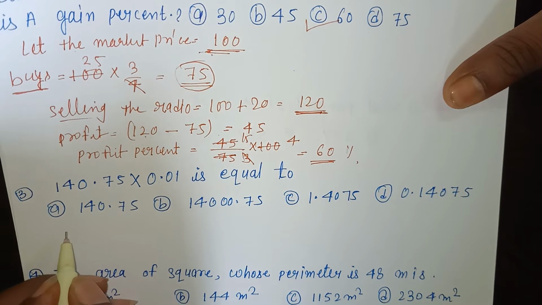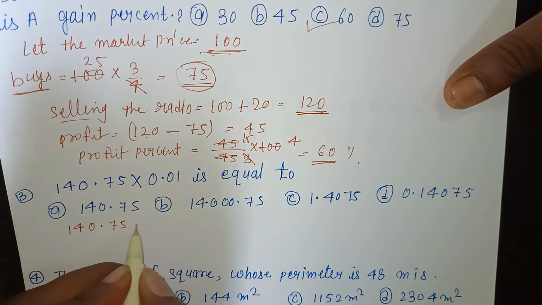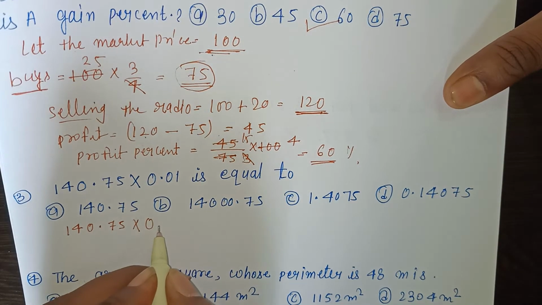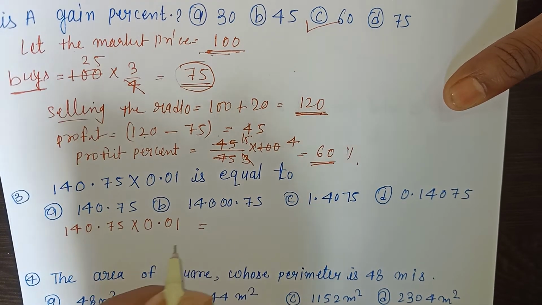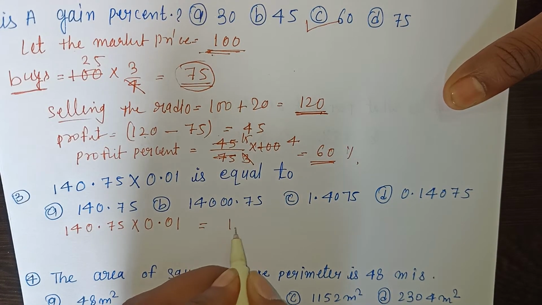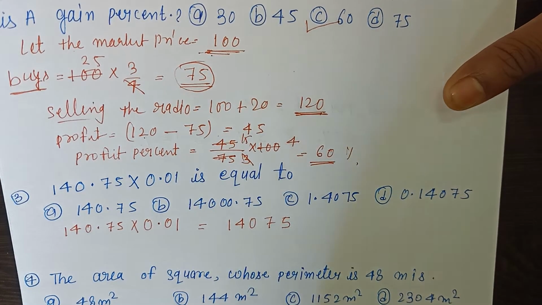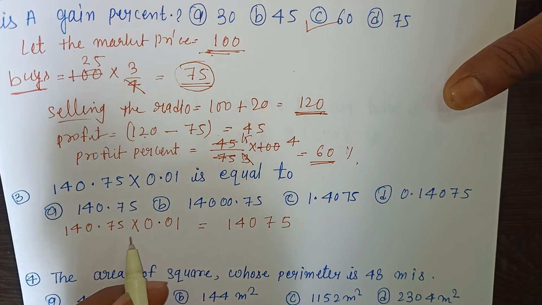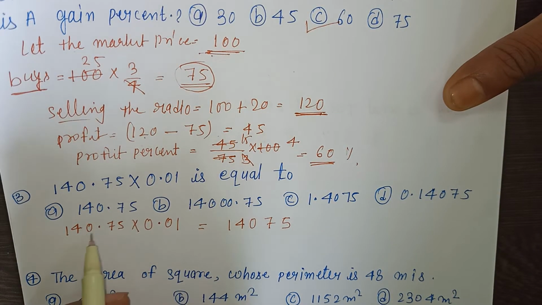Question number 3, 14075 multiply 0.01. If you multiply by 1, first I remove the decimal, I won't think that there is a decimal.